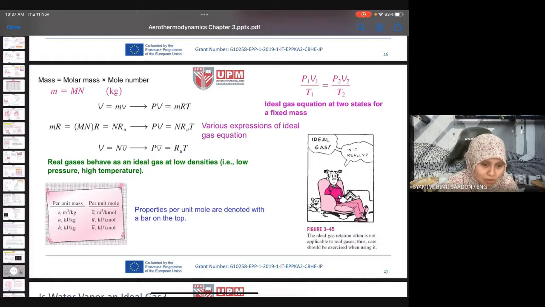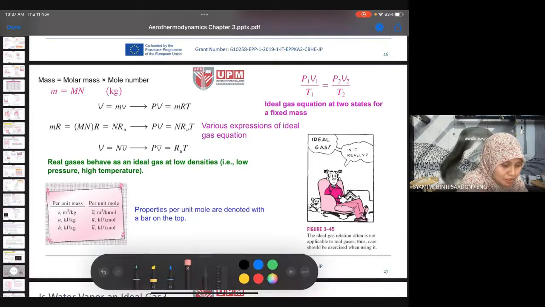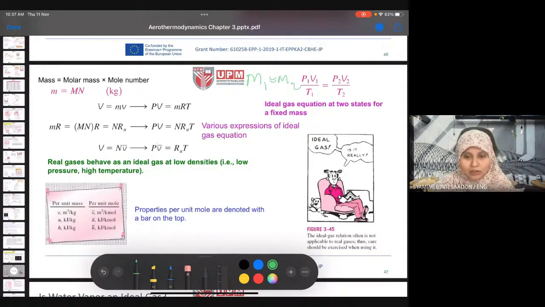Ideal gas equation at two states for a fixed mass. We can also apply this equation of state at two different states, state 1 and state 2. We assume that the mass is fixed, the conservation of mass. Remember, in the first week, I already told you about this. It's conservation of mass, M1 equals M2.